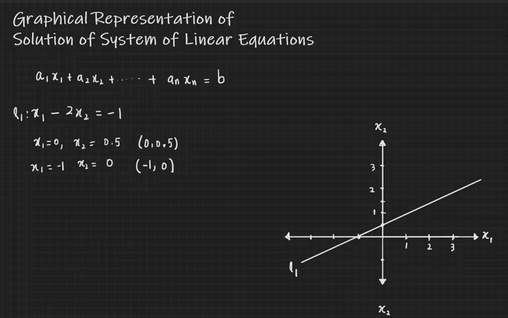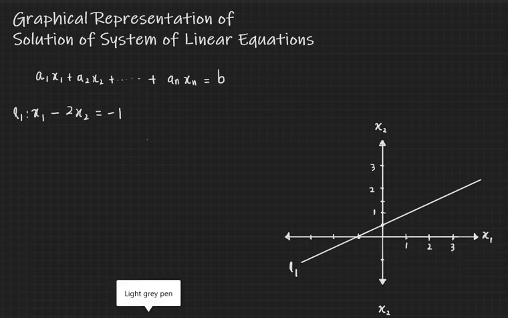Now if we take the system of linear equations, let's consider one more linear equation along with the considered equation. Let's consider another equation, say minus x1 plus 3x2 is equal to 3.